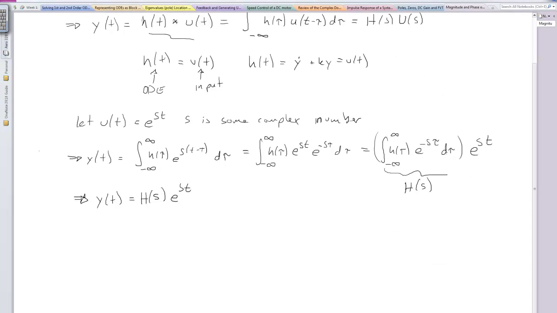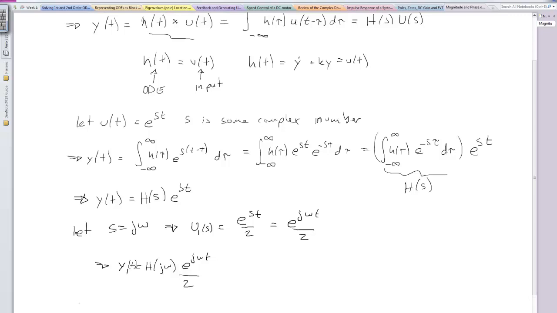So if we go ahead and let s equal j omega, some complex number, and we then say, let's let u1 of t equal e to the st over 2, which equals e to the j omega t over 2, then y1 of t would be h of j omega times e to the j omega t all over 2.